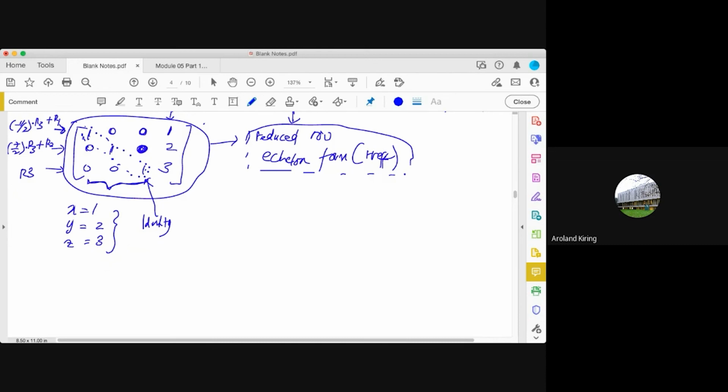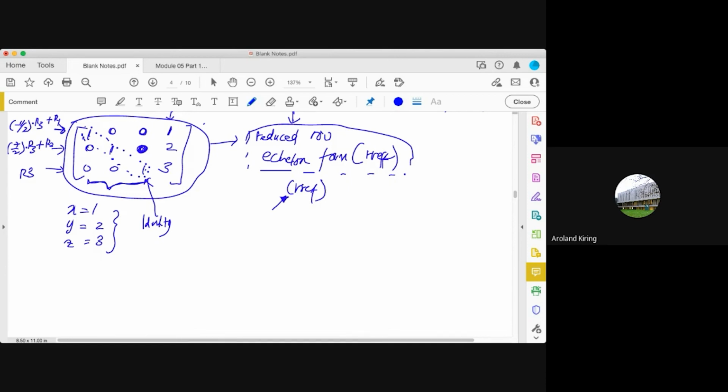So there are a few properties when we talk about this RREF. There are a few properties that can help us to say that, okay, we have come to our stopping point because we already have this kind of matrix. So that matrix is indeed an RREF matrix.